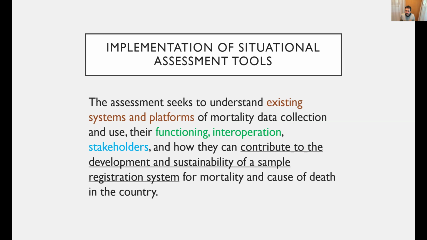And third, we want to understand the stakeholders that are involved in the mortality ecosystem in the country to see how the SRS will fit into that space. These are the three key elements that we thought would be useful during your situational assessment.